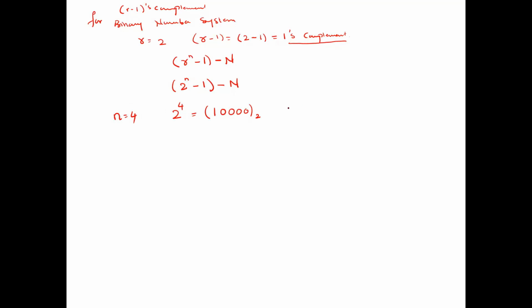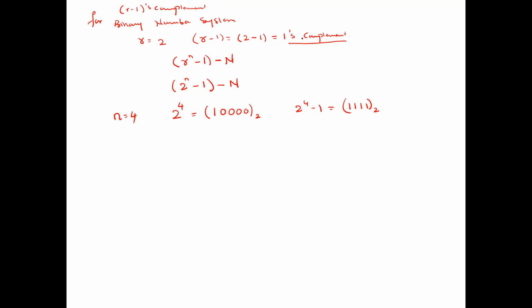right? Now, if you calculate r raised to n minus 1, here 2 raised to 4 minus 1, 2 raised to 4 means 16, minus 1, that is 15. If I write it, then you will get this kind of number. There we used to get 9999, right? And in binary, we are going to get 1111. So hence the complement name, we got ones complement.